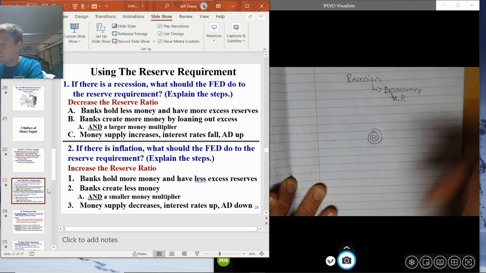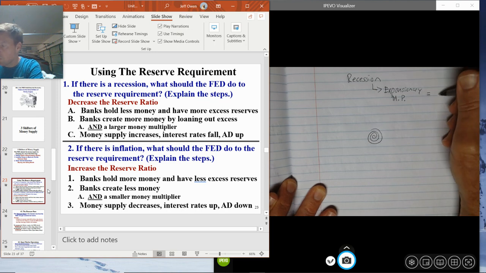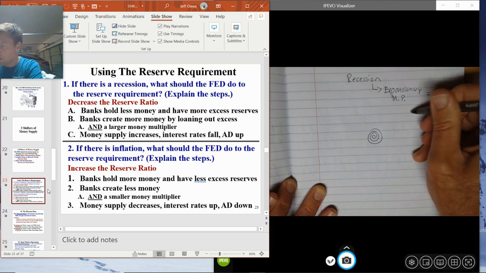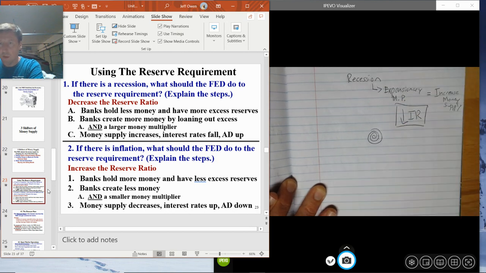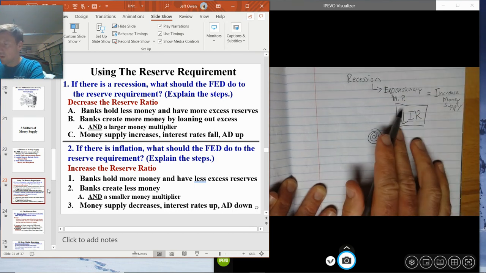An expansionary monetary policy is always going to be an increase in the money supply. Why? Because it's decreasing the interest rates whenever there's a recession.